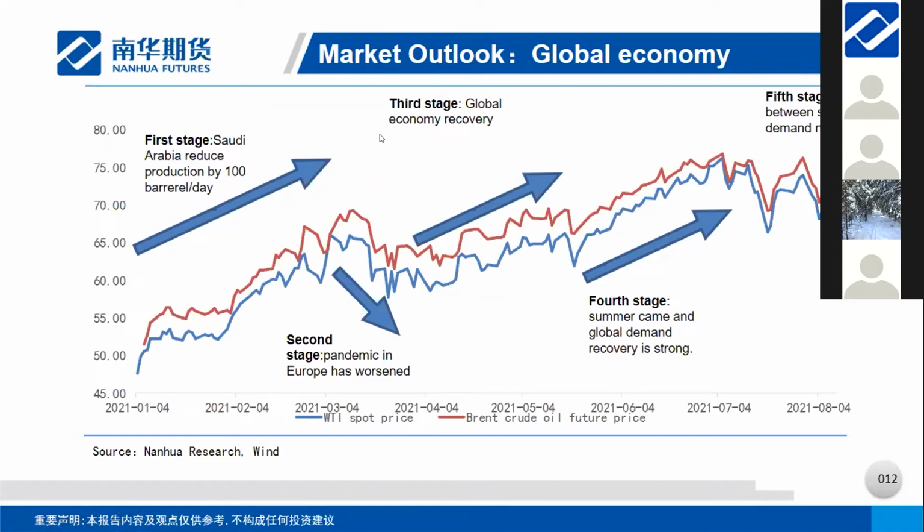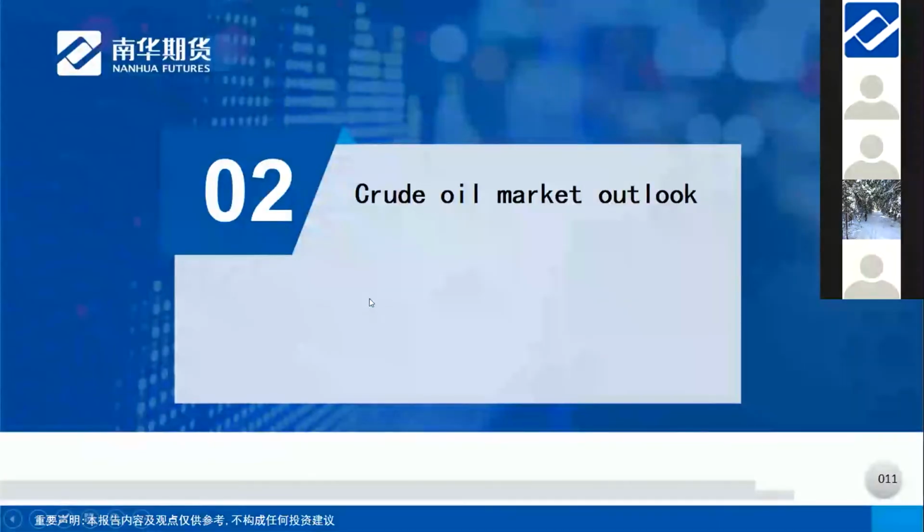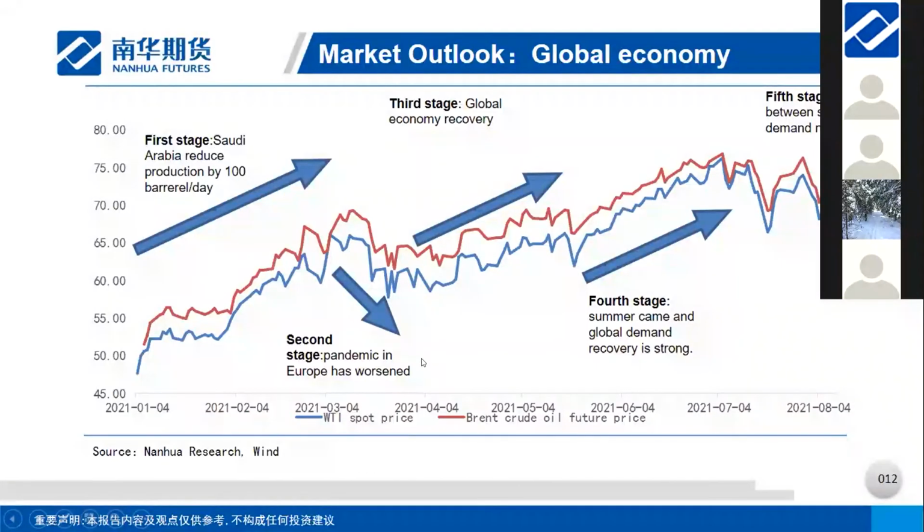For the second stage, in March, the epidemic situation in Europe worsened and cities were closed in many places. Thus, the risk of market concern about demand increased, and the international crude oil price fell.